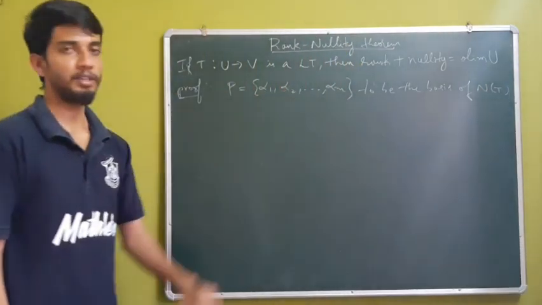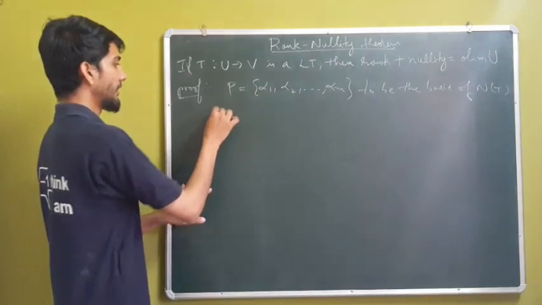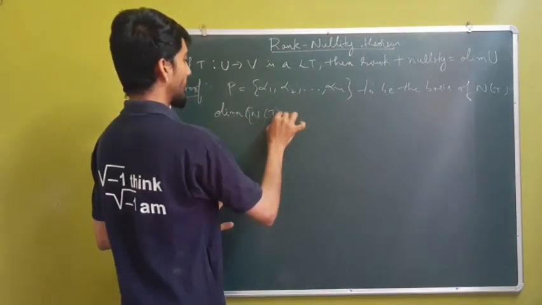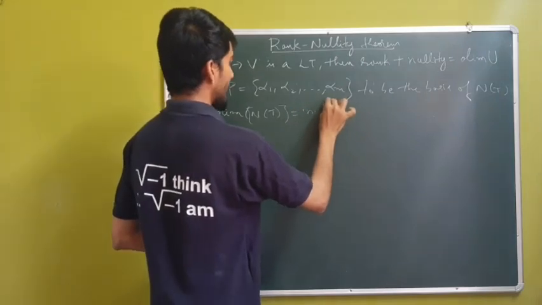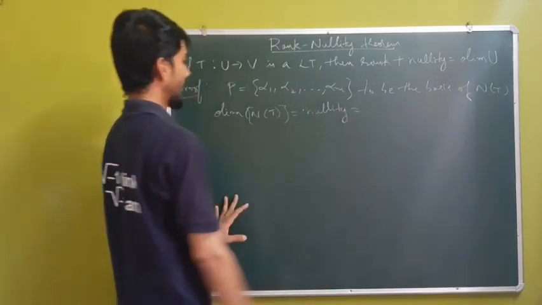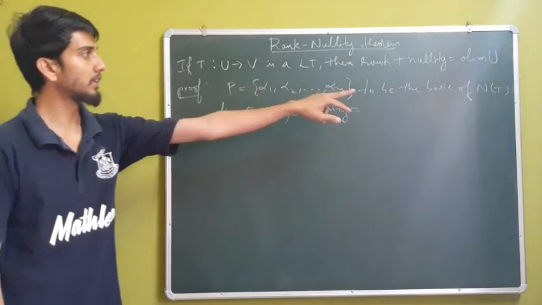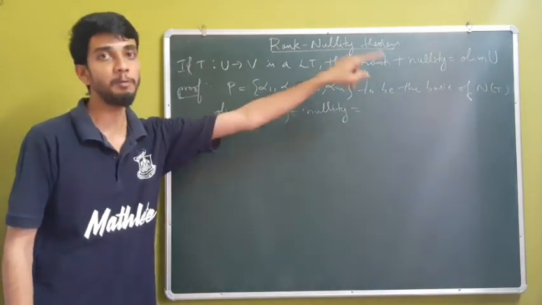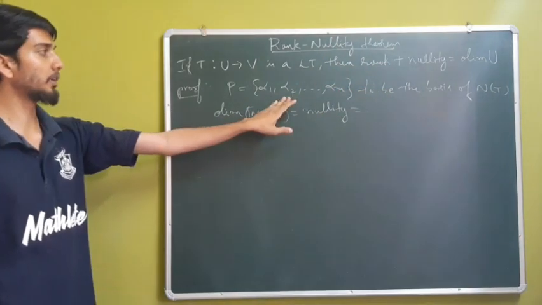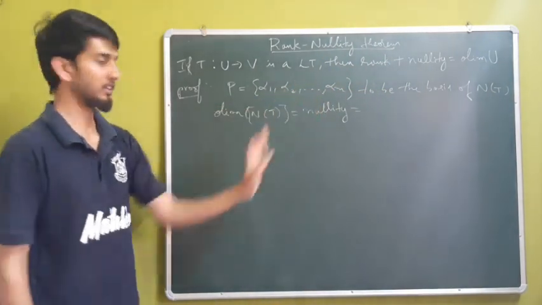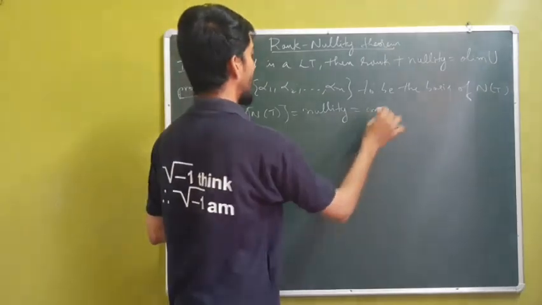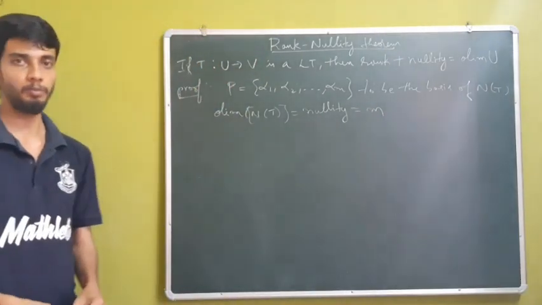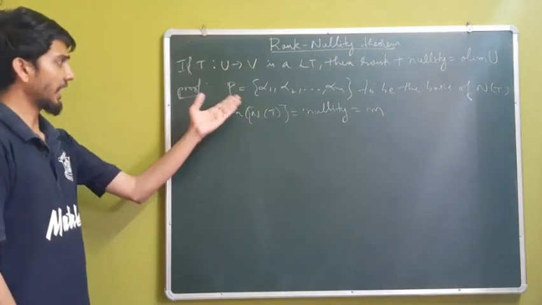I took P to be the basis of n of T, and you know that the dimension of n of T is nothing but nullity, which is the number of elements present in the basis of the null space. Here the number of elements in that basis is m, so I came at nullity equal to m. Now we have the dimension of n of T to be m, and this is the basis of the null space.